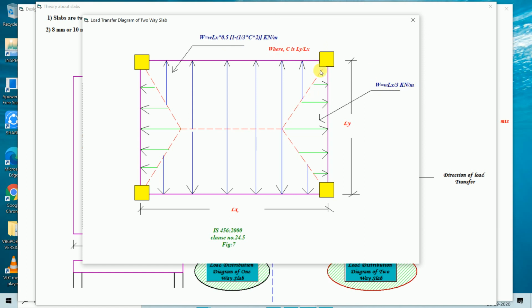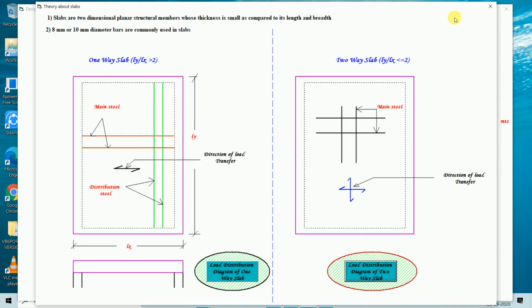Similarly, the triangular load transferred to the beams is small w into Lx by 3 kilonewton per meter. These formulas are very important to calculate the UDL acting on the beams, and this UDL will be transferred equally to the columns, that is WL by 2. This is all about the formulas.